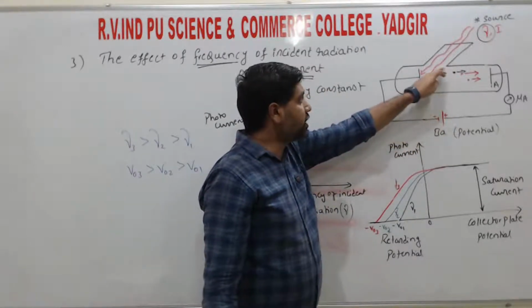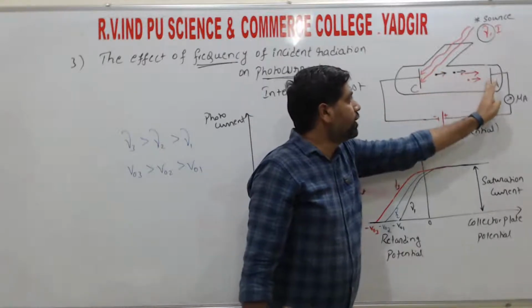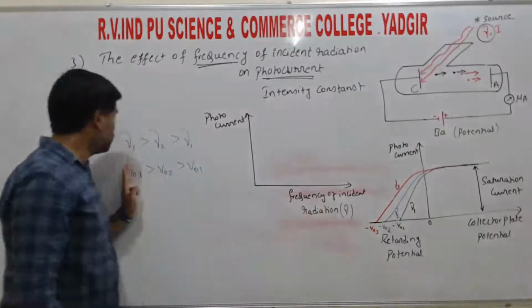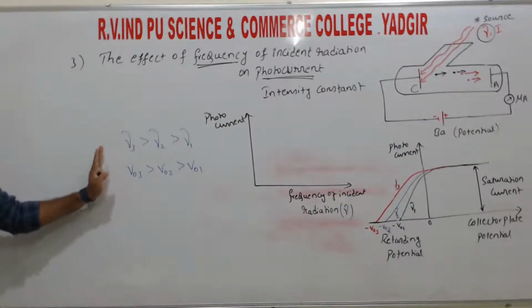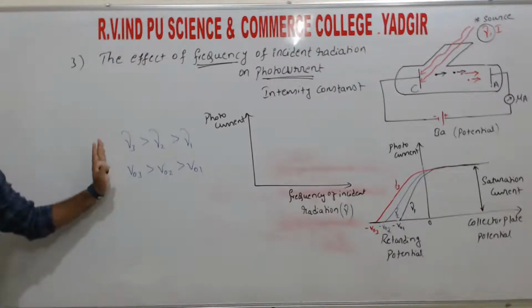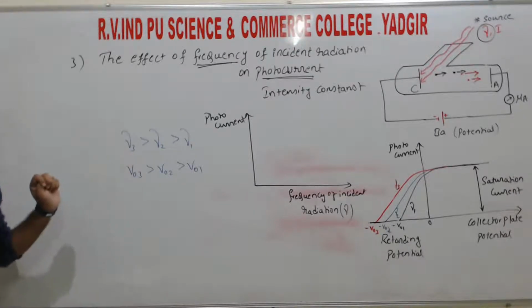So the kinetic energy gained by the photoelectrons reaches plate C. So it stops, the stopping potential, that is the kinetic energy, depends on the frequency of the incident radiation, right?